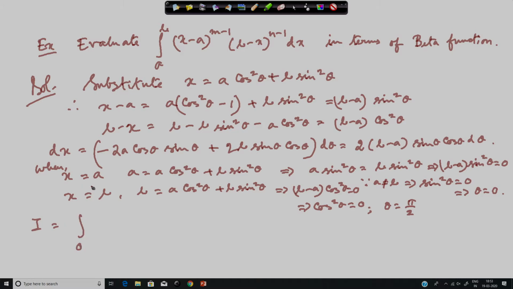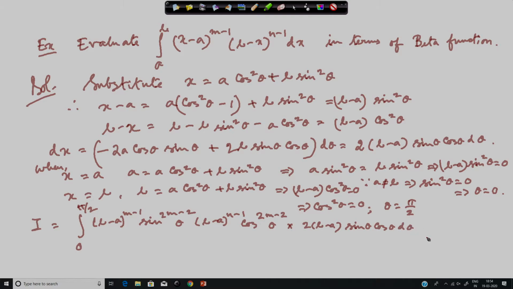So, the integral I becomes, integral from 0 to pi by 2, since when x equal to a, theta equal to 0, and when x equal to b, theta equal to pi by 2, and we have x minus a is (b minus a) to the power m minus 1 sin to the power 2m minus 2 theta. Similarly, (b minus a) to the power n minus 1 cos to the power 2n minus 2 theta multiplied by 2 (b minus a) sin theta cos theta d theta. Therefore, how many (b minus a)'s are there?